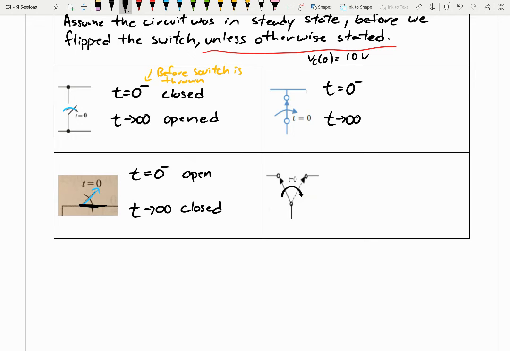But then we're going to come in here, hit it with this arrow, and we'll end with it hanging out up here. So we can see initially it's closed, and now run to infinity, it will be open. And you'll notice that these two are the same thing. This is just a different orientation for them to be in.